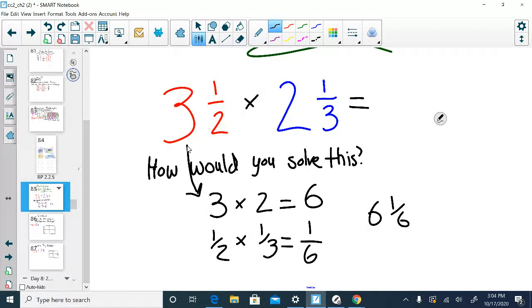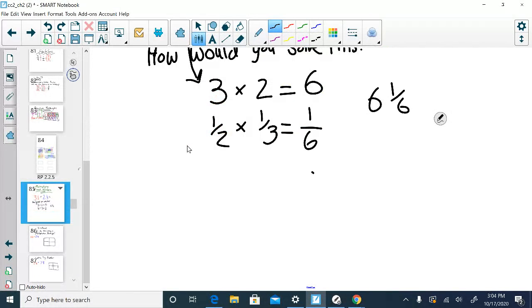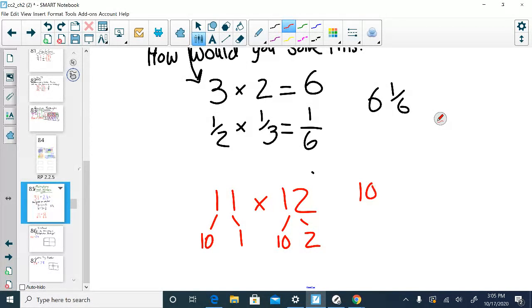Does that make sense? In other words, let's say I had a regular multiplication problem with two whole numbers, like 11 times 12. Well, if I split this into 10 and 1, and then over here 10 and 2, I couldn't just do 10 times 10 and 1 times 2, right?